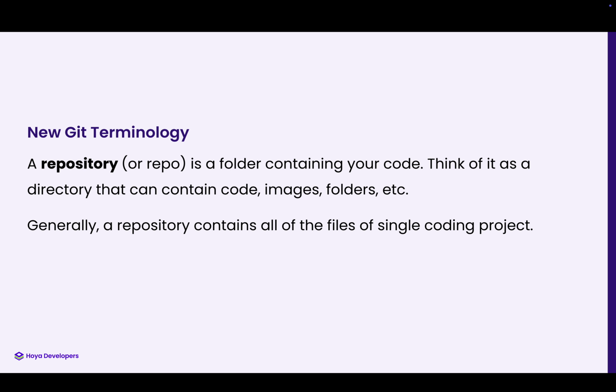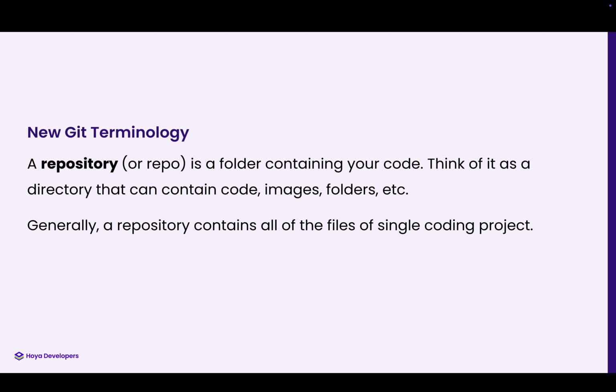And the word that you'll hear me say a lot is repository. A Git repository is a fancy way of saying a folder. It's a directory on your computer, so a folder itself will be a Git repository that contains code, images, subfolders, right? So folders inside of folders.